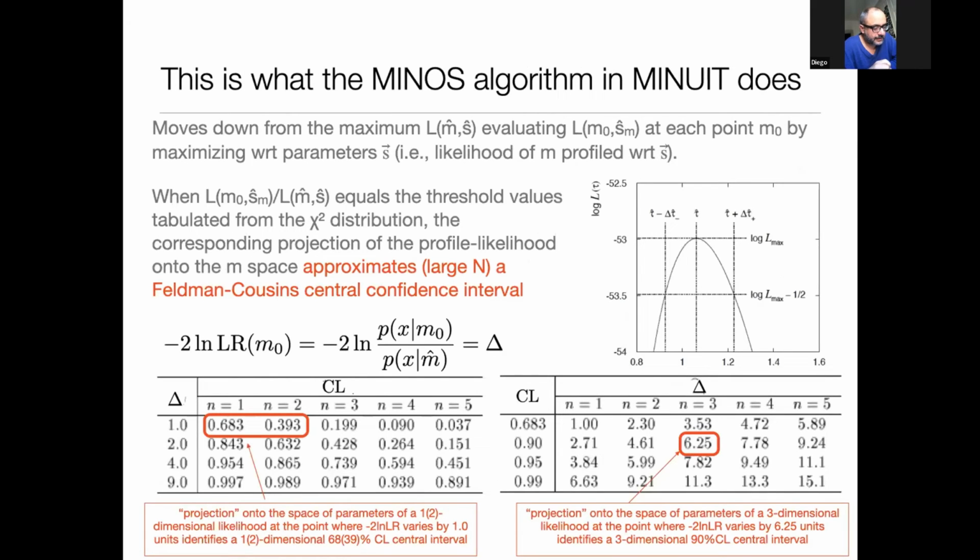And this is basically the thing that also the MINOS algorithm in the MINUIT minimizer, that people doing fitting use, does to calculate the uncertainties. So what MINOS does is to move away from the maximum of the likelihood here in the plot, and to move away until the ratio between the maximum and the value probed corresponds to a particular confidence level according to the chi-square curve.